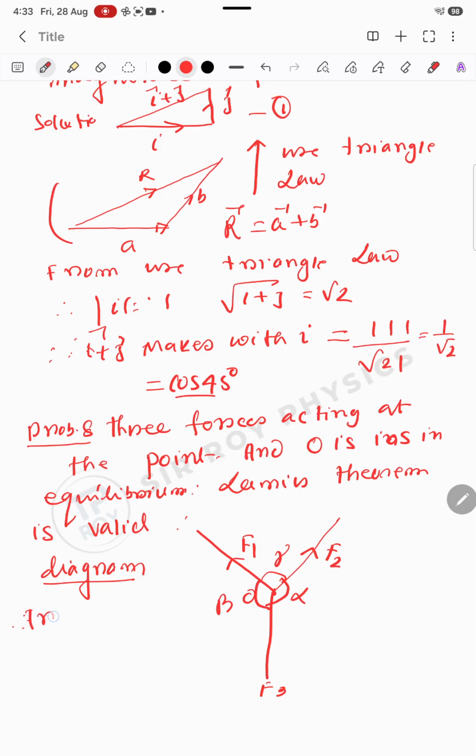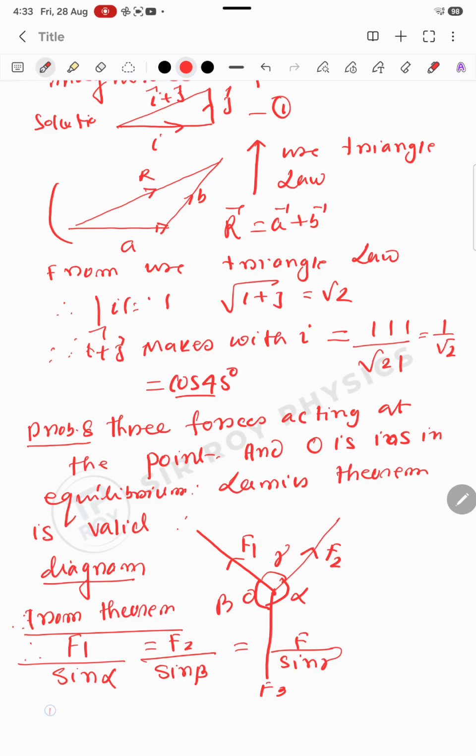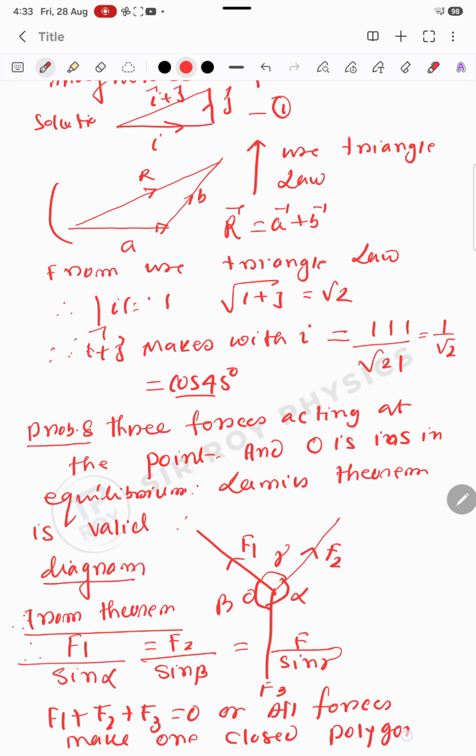Then from the theorem we get F1 by sin alpha equal to F2 by sin beta equal to F3 by sin gamma, when F1 plus F2 plus F3 equal to 0, for all forces make one closed polygon. Only application.